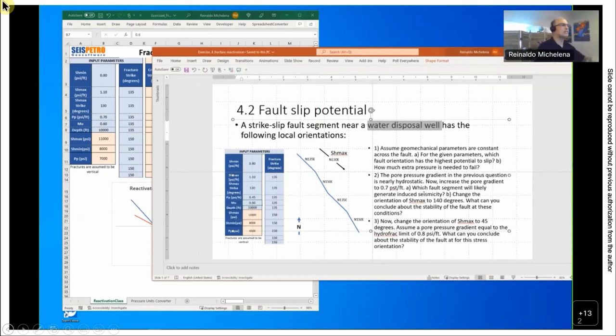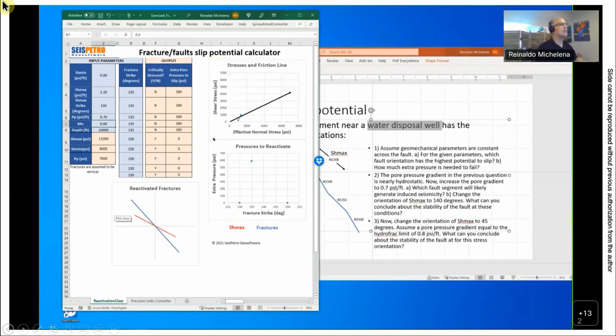Now you are injecting the water, and you have one point that crossed the friction line. That point is the one that has the higher chance of being reactivated, which is 150. So if you increase the pressure by that amount, that particular portion of the fault is likely to generate induced seismicity.